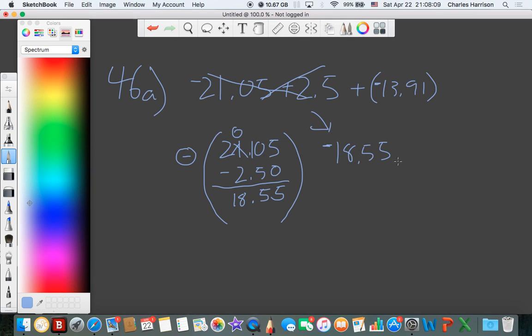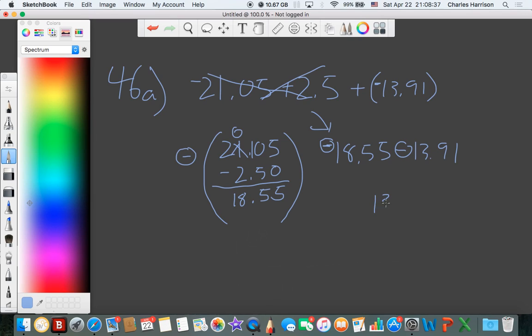Well, we're adding a negative, so it's just really minus 13.91. Now, again, on the number line, we were at this 18 here. We'll round up to 19. We're at 19 here, and now we're going to be moving back this way. So we can think of this as an addition problem now, and we're going to end up with a negative number because we have a negative and a negative.